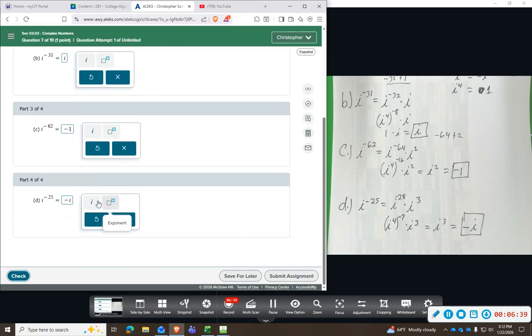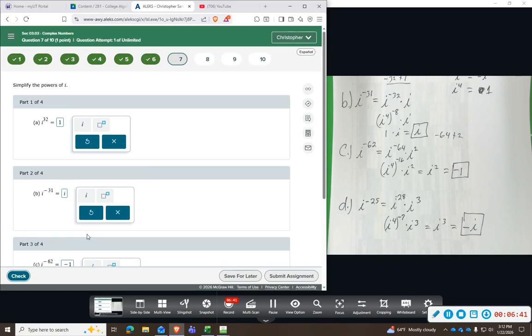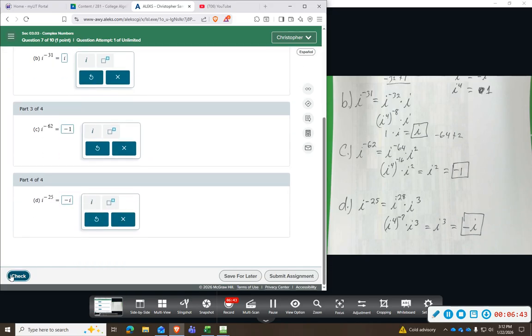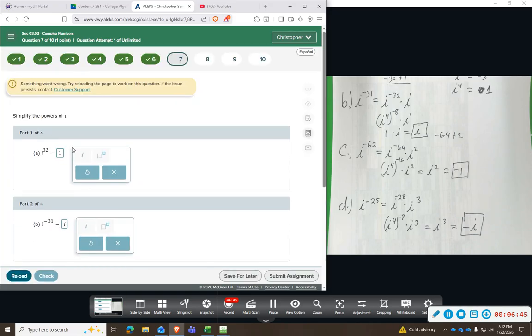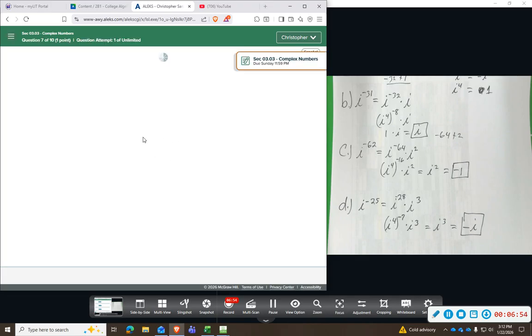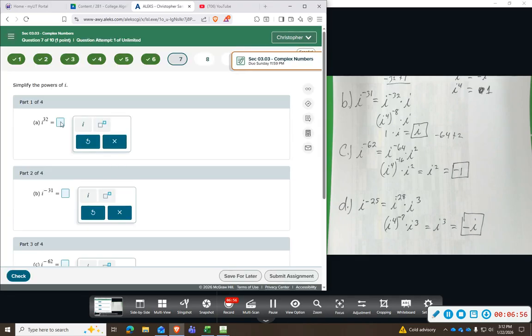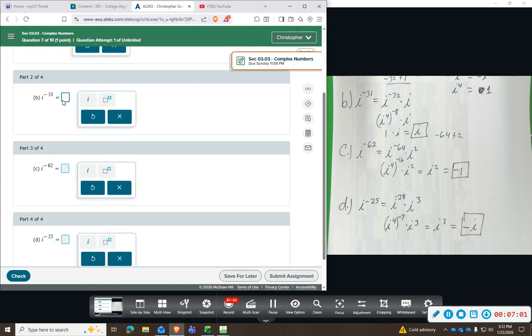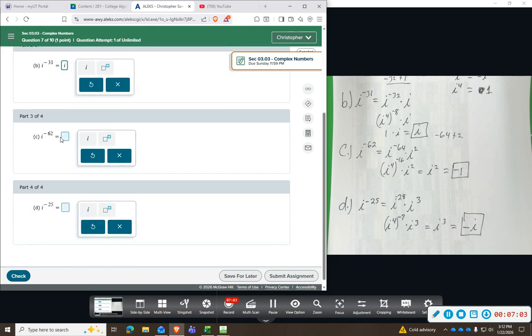There's some part we didn't finish. Got to reload. Looks like everything's the same, so let's input this again: 1, i, negative 1, and negative i.